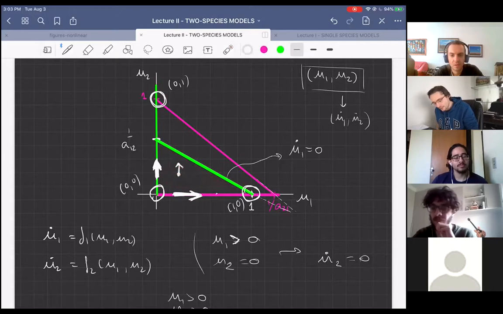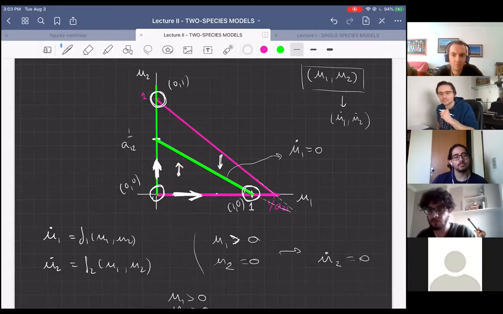But as soon as I cross this nullcline, then I change the sign of the derivative. It's the same that we were discussing yesterday when I told you guys, as soon as you know the stability of one point, then you cheat. You just alternate stable and unstable states in one dimension. It's the same. And for the derivative of U2, it is the same.